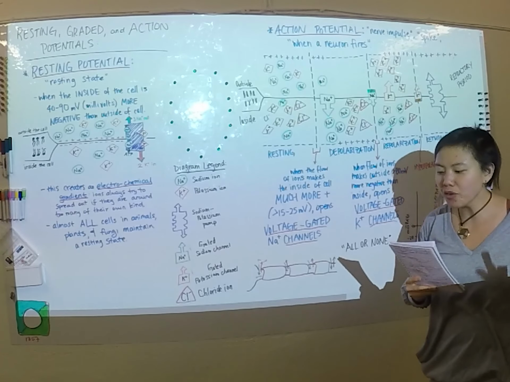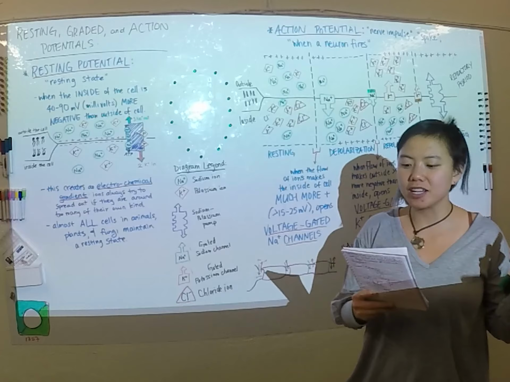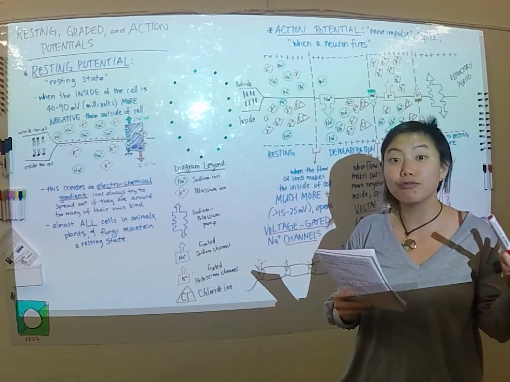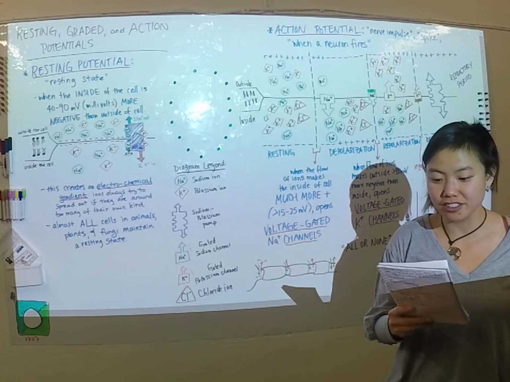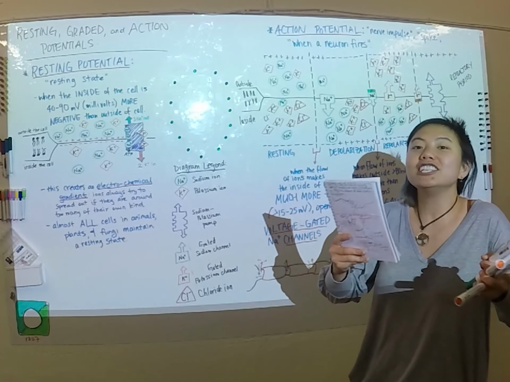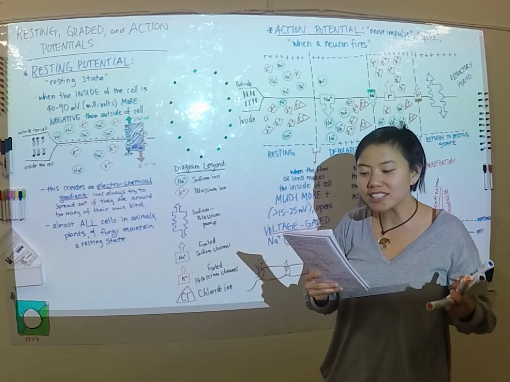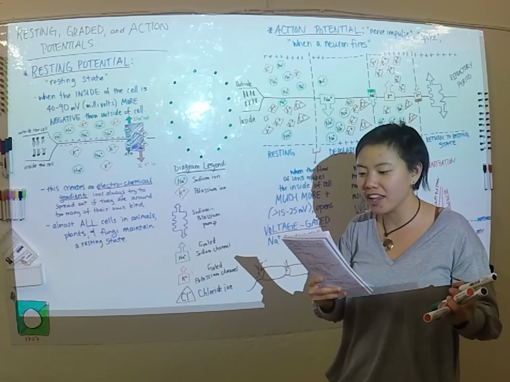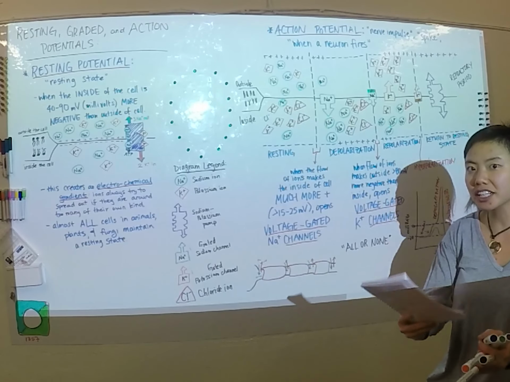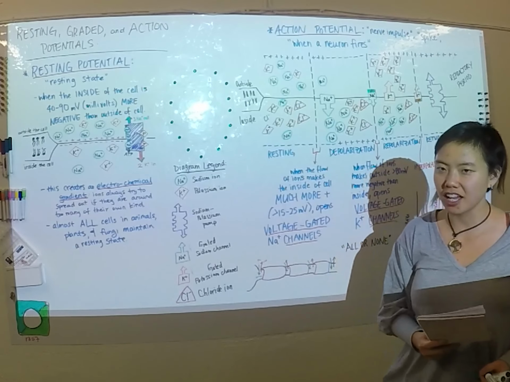All right, so it only happens if the inside of the cell becomes positive enough to open the voltage-gated ion channels, and this is called reaching the threshold potential. And it always happens in more or less the same way, regardless of what triggered the action potential, okay?